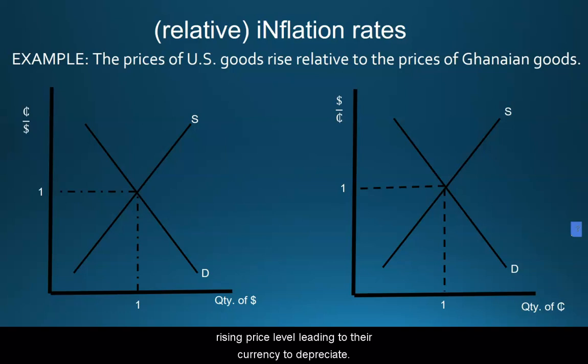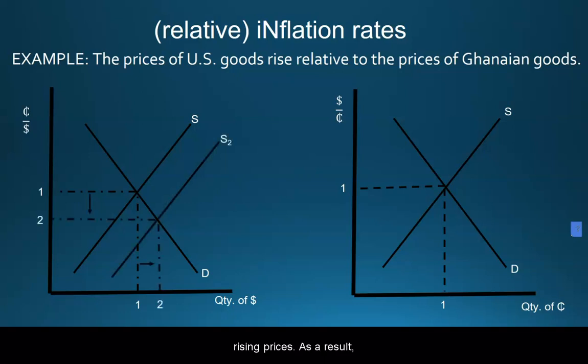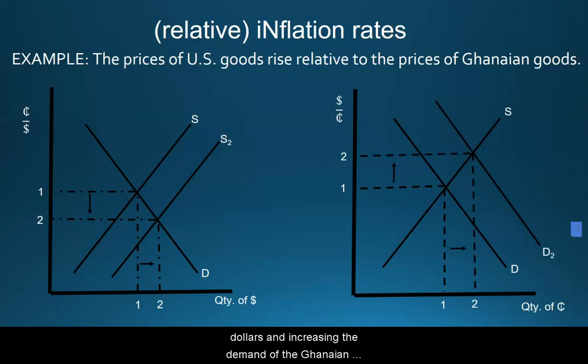Like in our example, the goods in Ghana are cheaper than the goods in the United States due to their rising prices. As a result, consumers are going to purchase more Ghanaian goods, increasing the supply of US dollars and increasing the demand for the Ghanaian currency, the cedi.